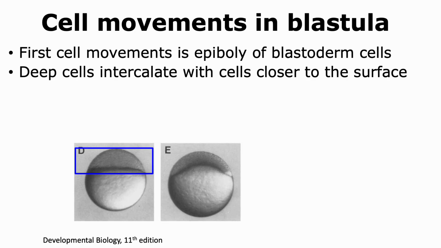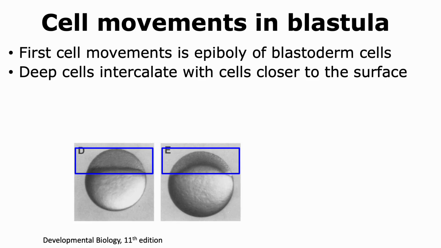When we look at the figure to the left, we are seeing where epibole is right about to begin. Pay attention to the part in the blue box, which is the upper part, and that is where the blastoderm is. Now, we can observe the cell movements happening where epibole is beginning, and we can see that there is a thinning of that blastoderm.